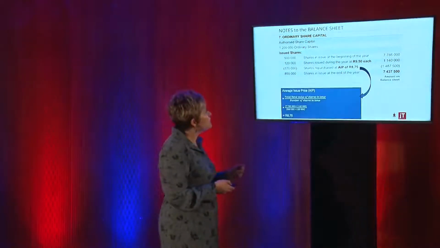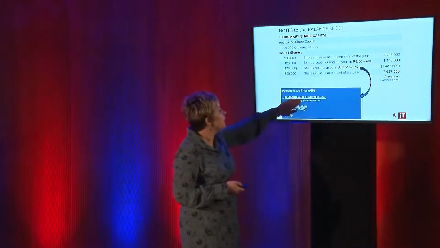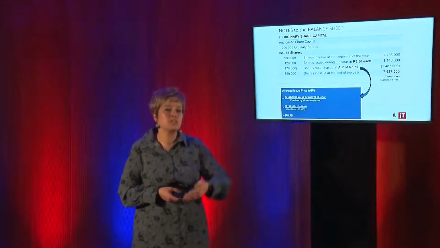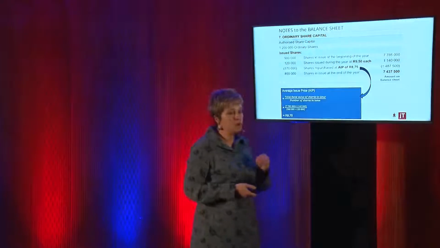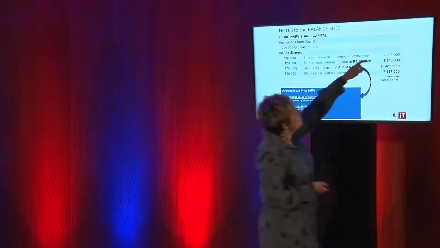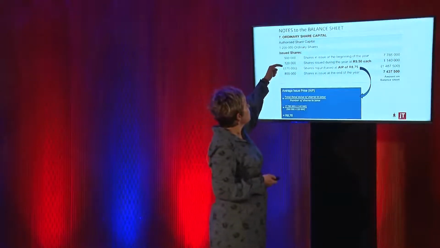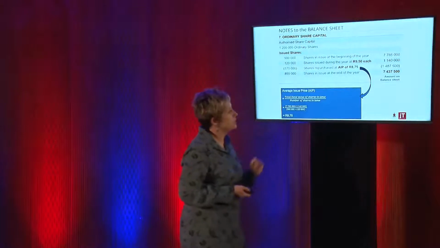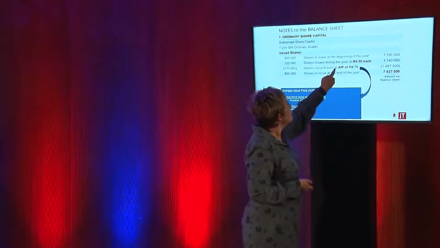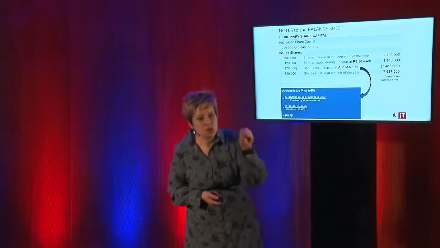So we have to always calculate the average issue price, and that's your total rand value of your shares in issue up to the date of sale, divided by the number of shares in issue. So in this case, it will be the total rand value divided by the total number of shares to get your 8 Rand 75.